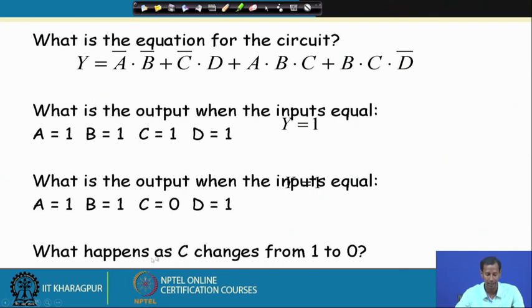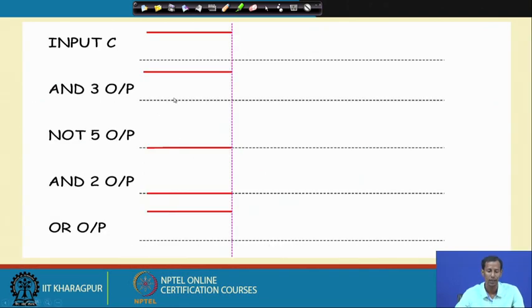What happens as c changes from 1 to 0? In both of these cases y is 1 as c is changing from 1 to 0. Let us consider the corresponding changes in this.